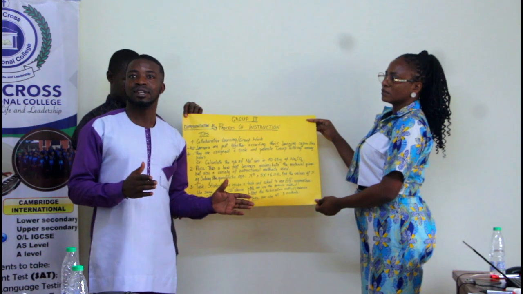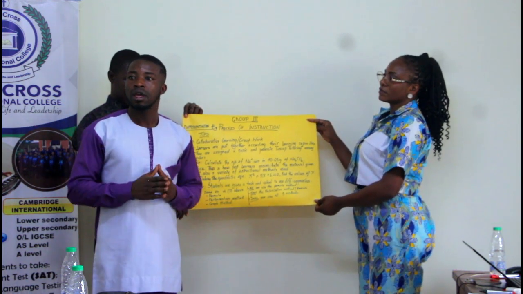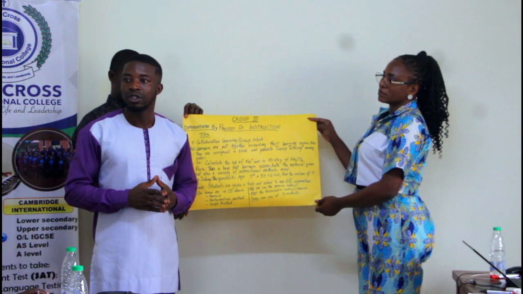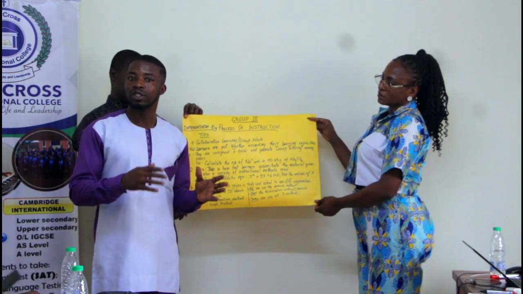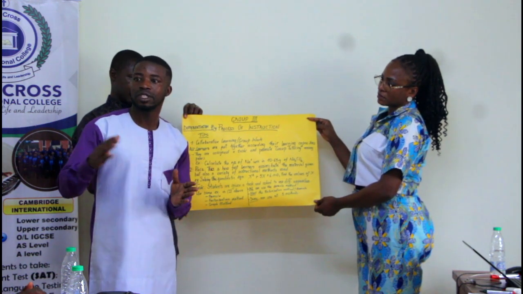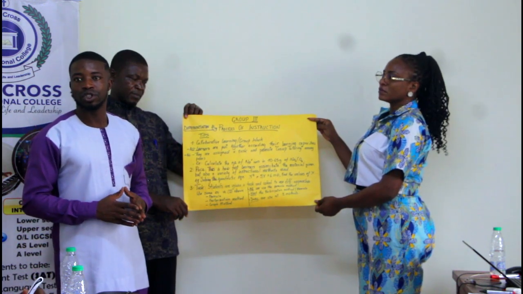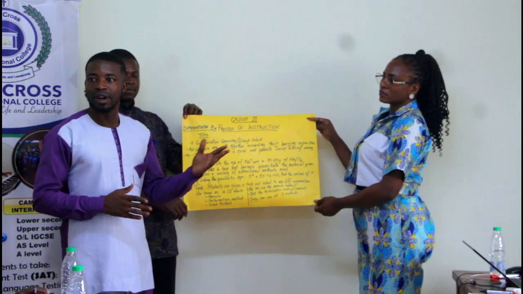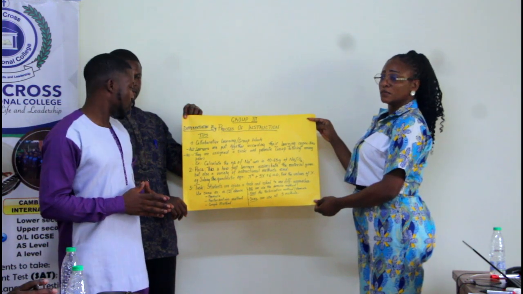In that class, there are students of different capacity. Some will finish fast, some will take time. So what do you do with those students that get to finish? There are different methods to solve these quadratic equations. We have the formula method, graphing, factorization, and so on.